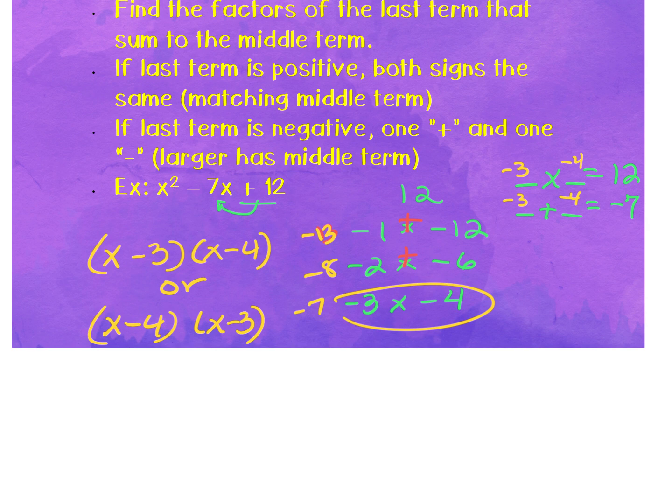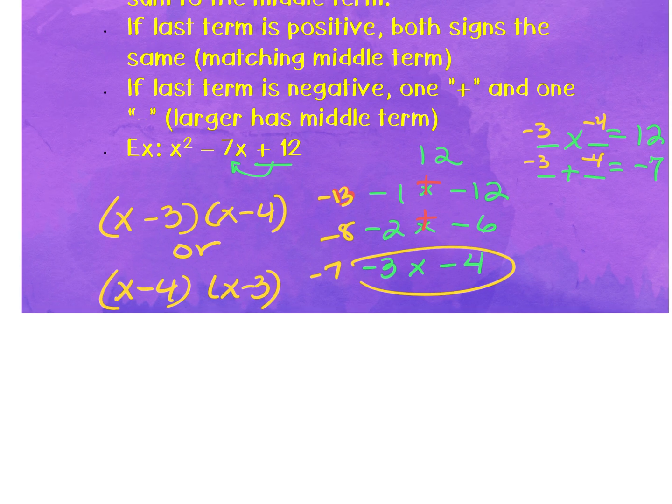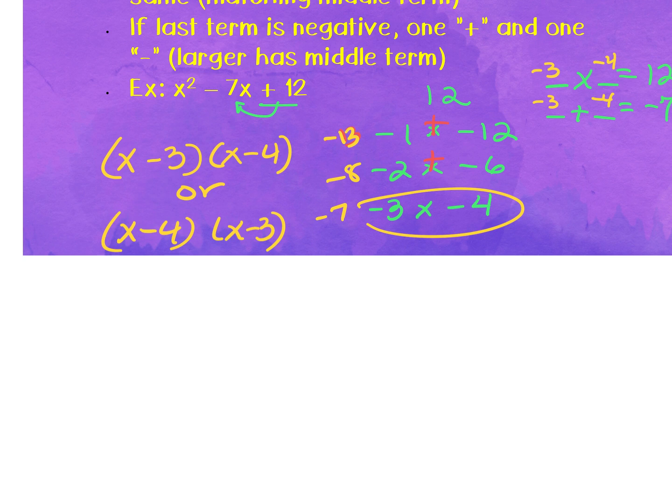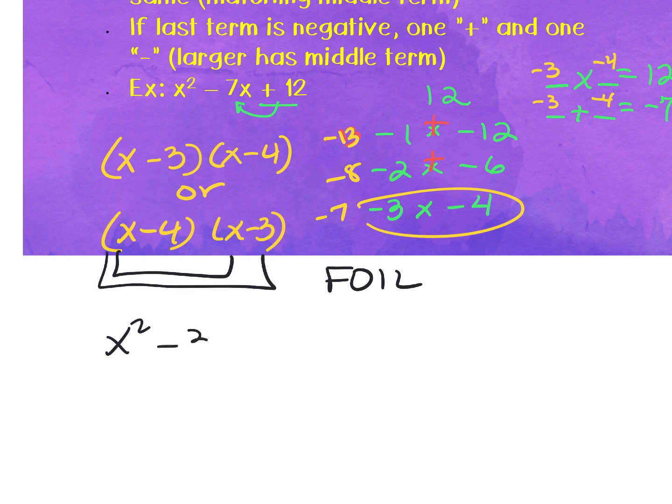Now, my advice to you is whenever you're doing any factoring questions, if you have time, you need to FOIL your answer. And if it doesn't go back to the original, then you've done something wrong. Either you have the wrong factors or the wrong signs. So if I FOIL, I get x squared for first, outside gives me negative 3x, inside negative 4x, and then finally last, positive 12.